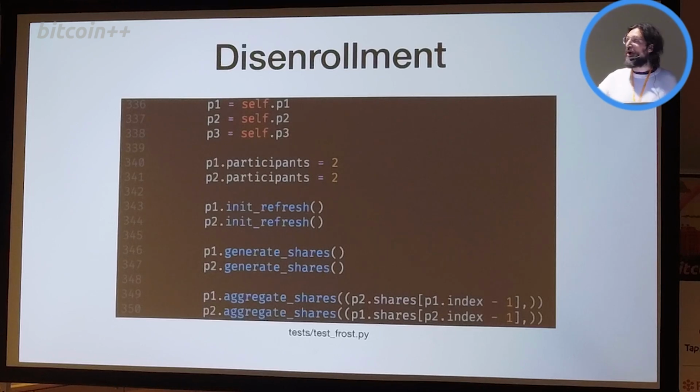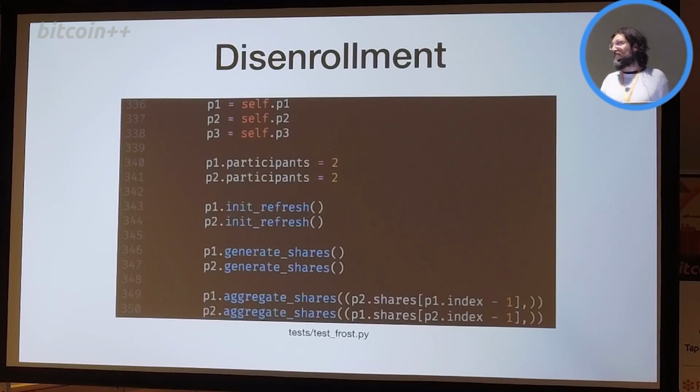So now Alice and Bob have shares of this new polynomial with the same secret. But Carol has a share of the old polynomial. So her share is effectively invalidated because it can't be combined with Alice and Bob's shares.